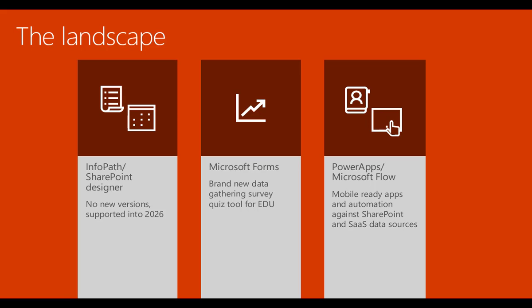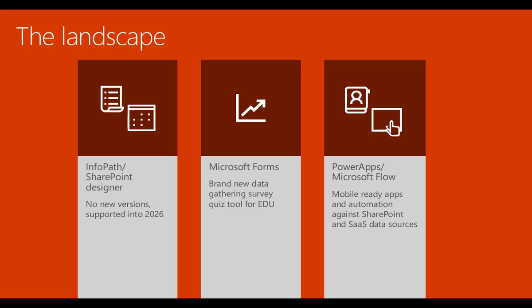So the two products that have been released relatively recently by Microsoft are Power Apps and Microsoft Flow. These products are in use today. They will integrate with your Office 365, where Power Apps will allow you to, for example, create applications to capture data.